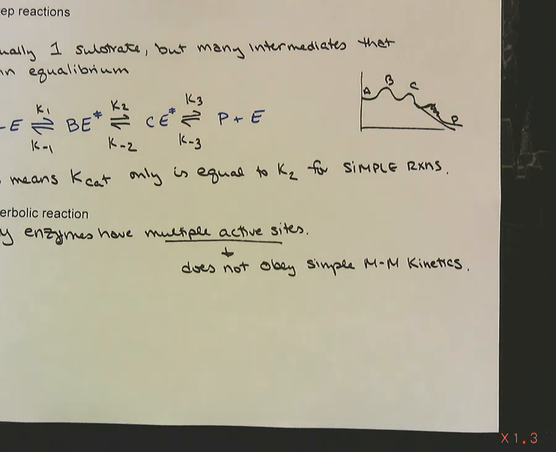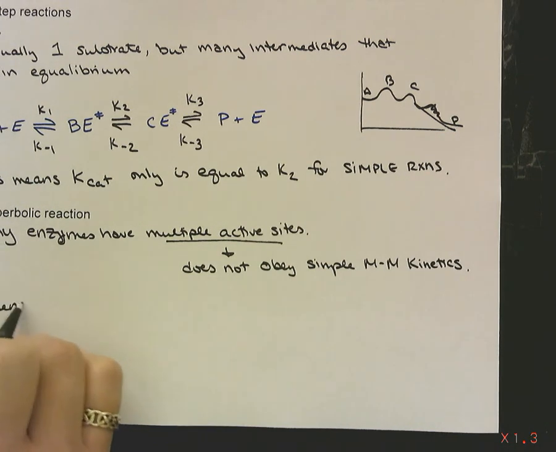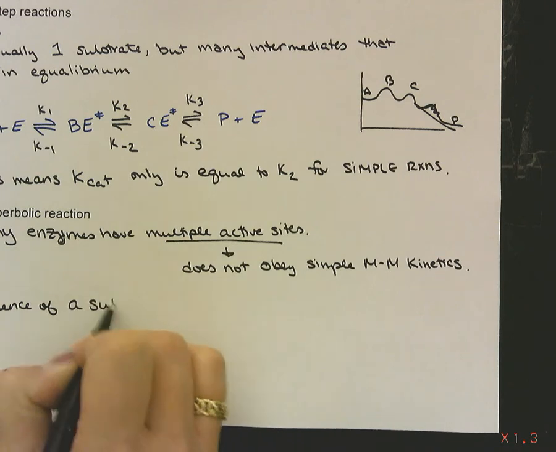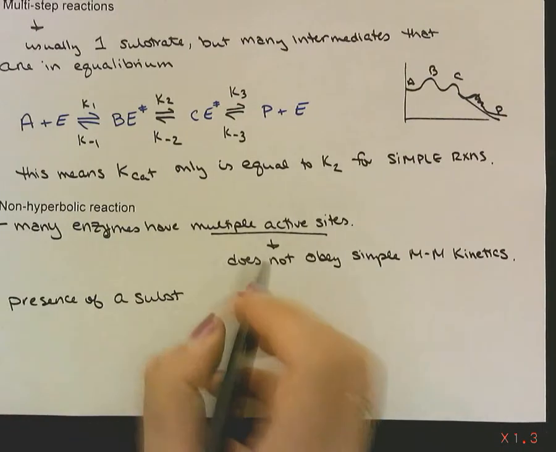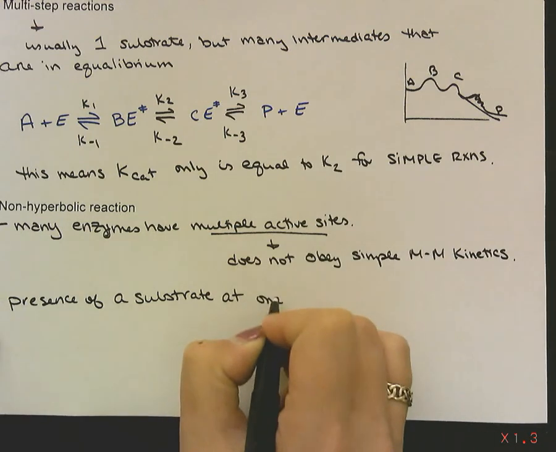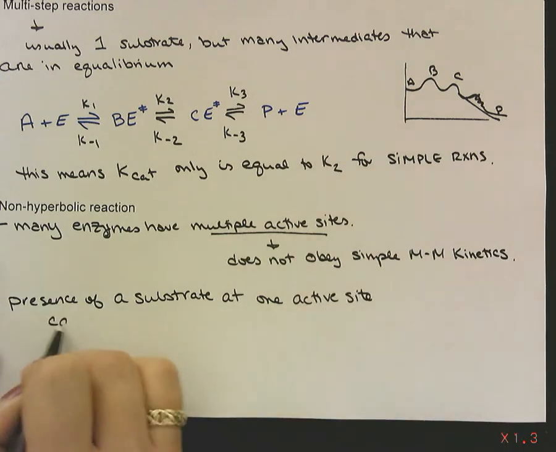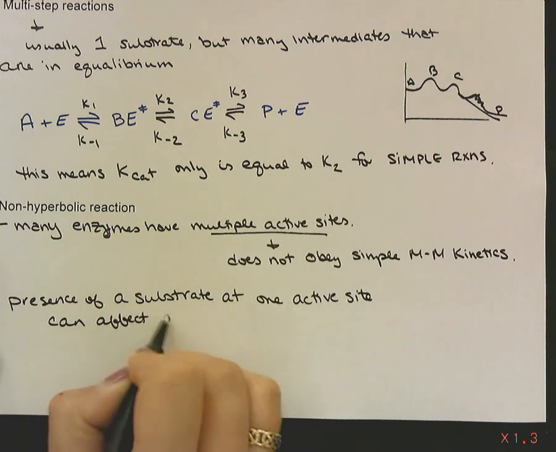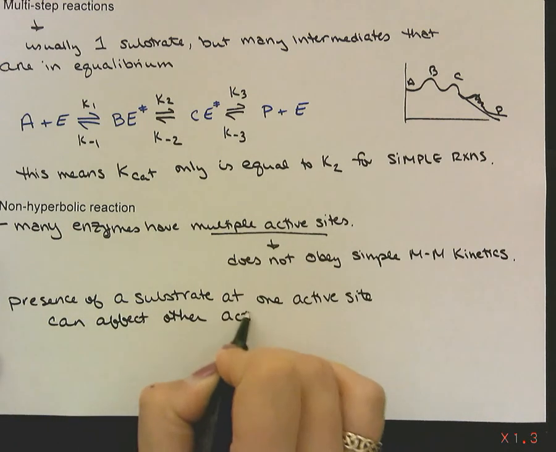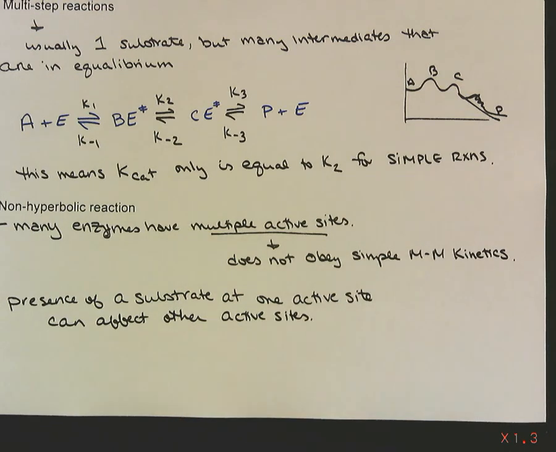Why, you might be thinking, is that true? The presence of a substrate at one active site can, most likely will, affect the other active sites.